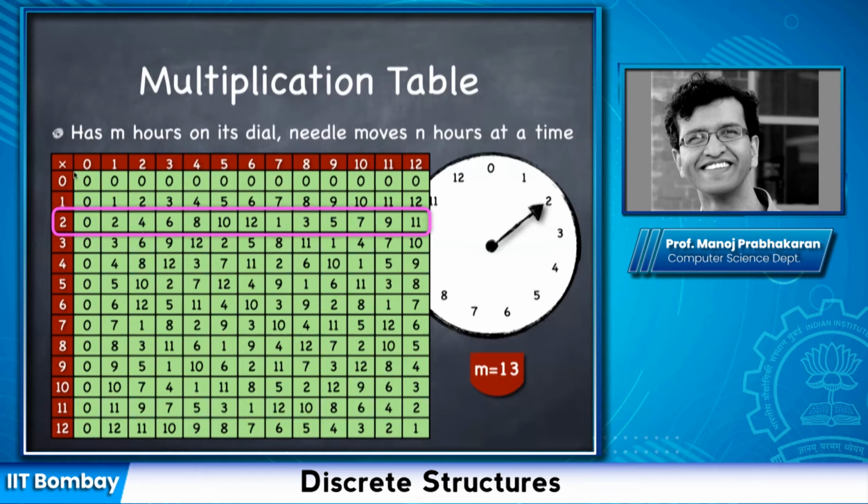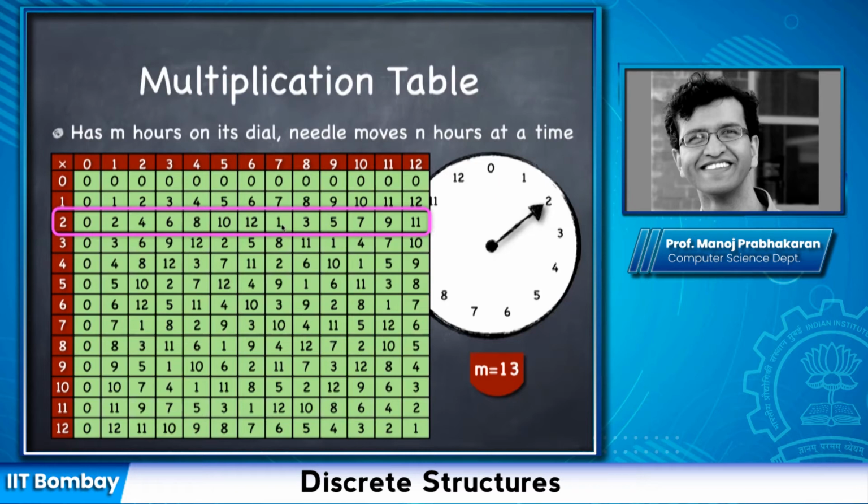If you think of the column index as the time step, what is in this row is telling you the position of the needle at that time step. So at time step 0, it is at position 0. At time step 1, it is at position 2, then 4, 6, 8, 10, 12. And at time step 7, it is at position 1, and then 3, 5.